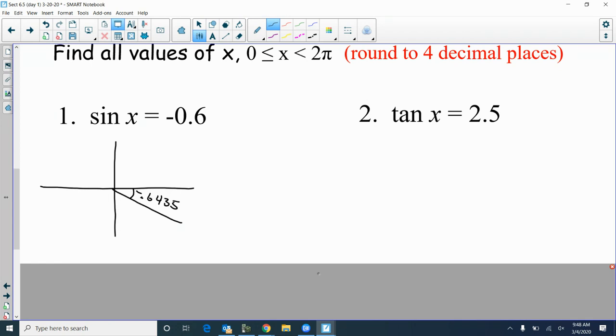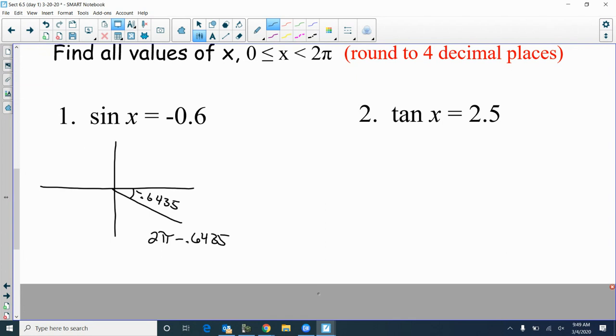What will be the positive equivalent answer? I cannot use that answer because it's not between 0 and 2 pi. So I take 2 pi. Don't do minus and negative. Think of that as the reference angle. So 2 pi minus 0.6435 will give me one answer.